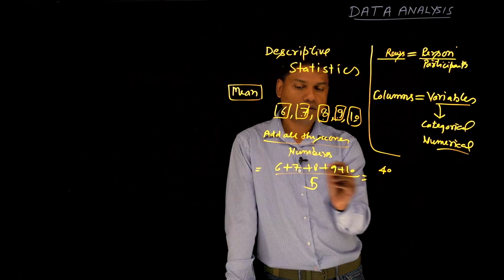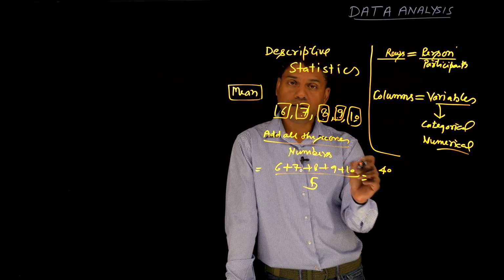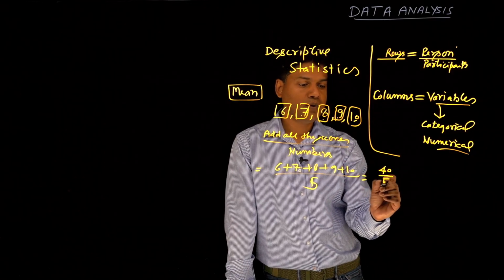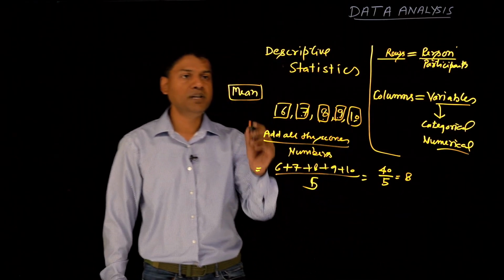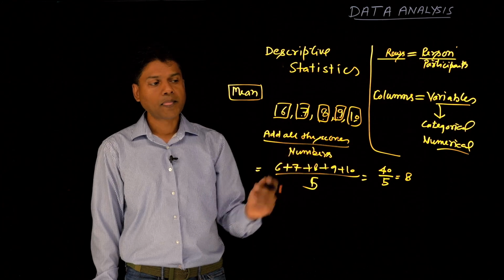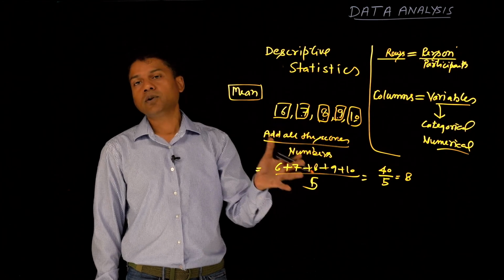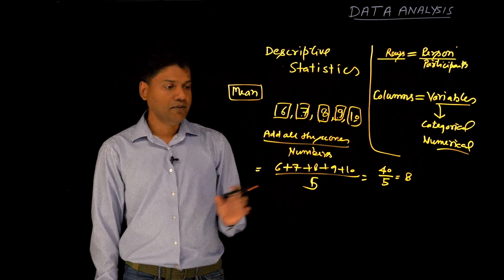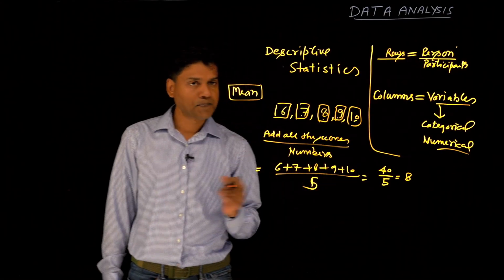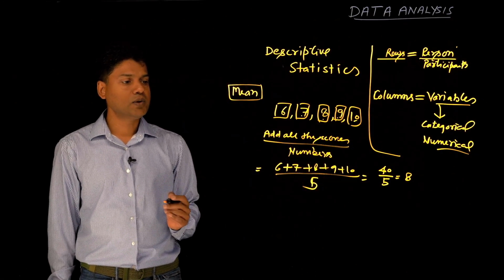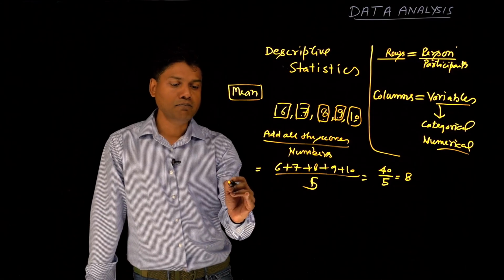We add up 6, 7, 8, 9, 10, it comes to 40, divided by 5, and the score is 8. So 8 is the mean score here. That's what we call a mean score. And we will learn how it's very easy to do in Excel, so I'll demonstrate it later. Now let's move to the next concept, which we call median.